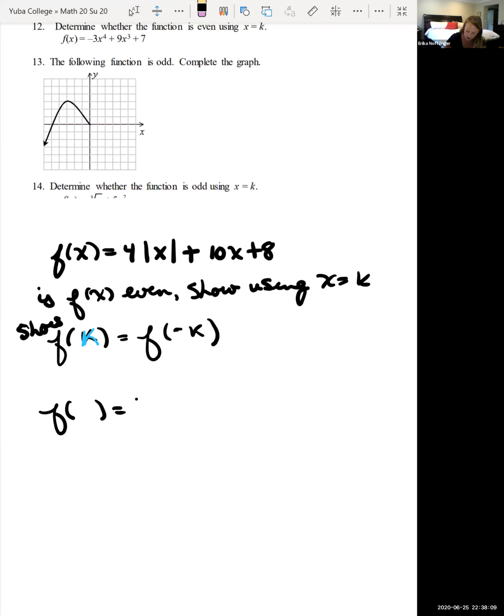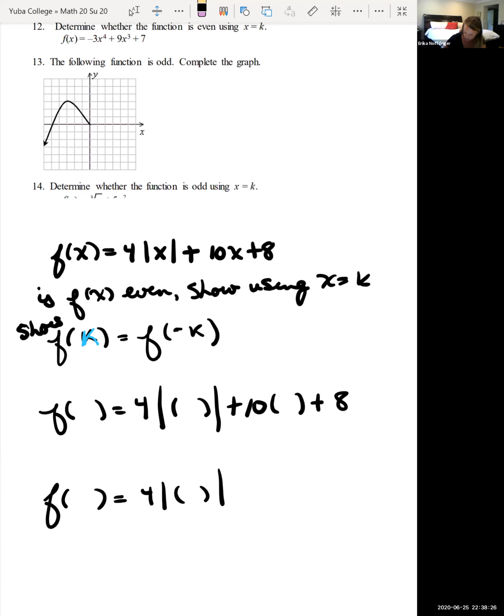So we have 4, you have an absolute value, you're going to plug in x there, I'm sorry, k, plus 10, you see an x, I'm going to put parentheses, plus 8. Now I'm going to have to do this twice, one with positive k and one with negative k.